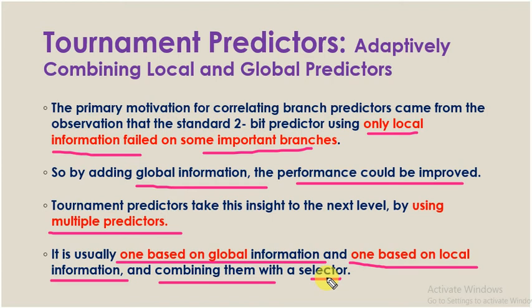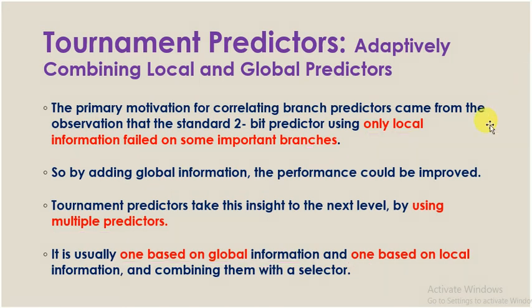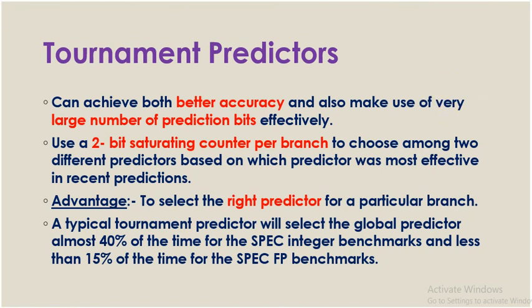So a tournament predictor uses the behavior of the local branch information as well as the global branch information. Now we can achieve both better accuracy and make effective use of a very large number of prediction bits when we are using tournament predictors.